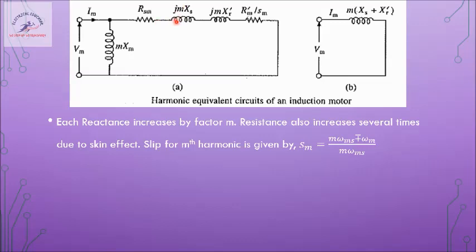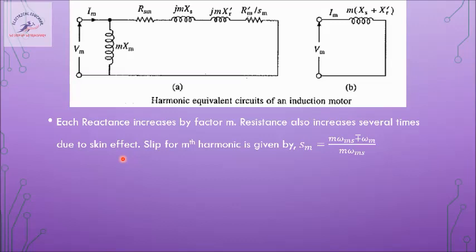So if we are studying the fifth harmonic, each reactance will increase by a factor of 5. If you are studying the seventh harmonic, each reactance will increase by a factor of 7. Resistance also increases several times due to skin effect, because now the frequency increases.